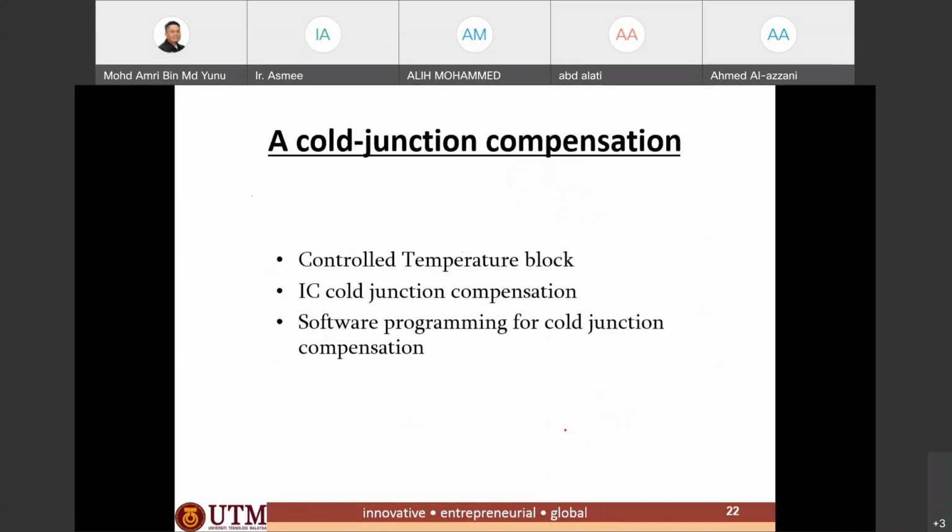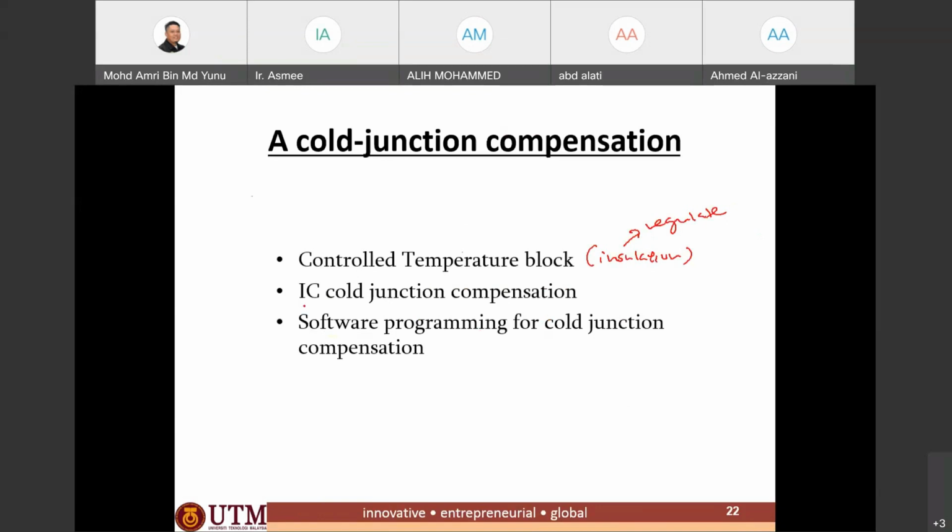The cold junction needs to be properly insulated or regulated. They need a special casing or fixture where the temperature is maintained at a fixed temperature.